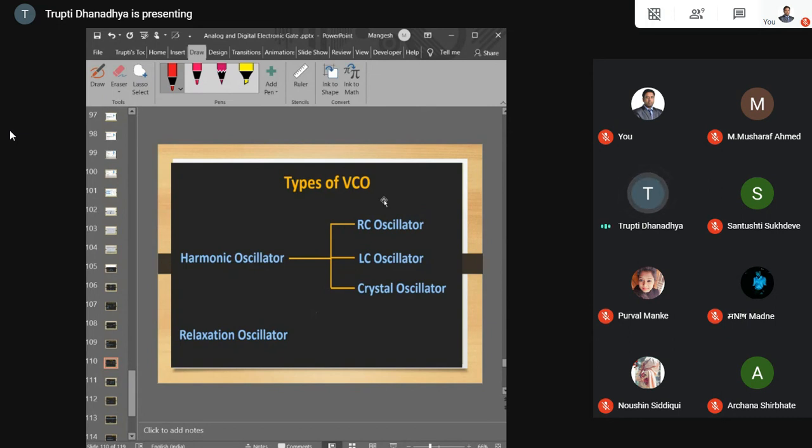Crystal oscillator is used in physics. So this is the classification of the VCO. Then the relaxation oscillator is used in power electronics components also, where the voltage control oscillator is required.